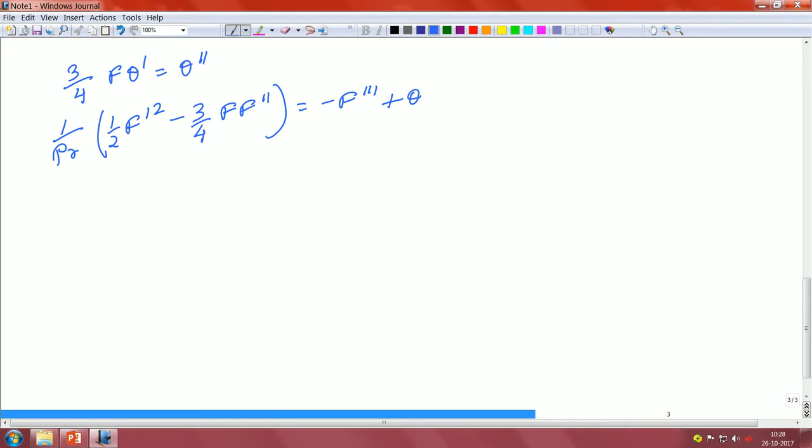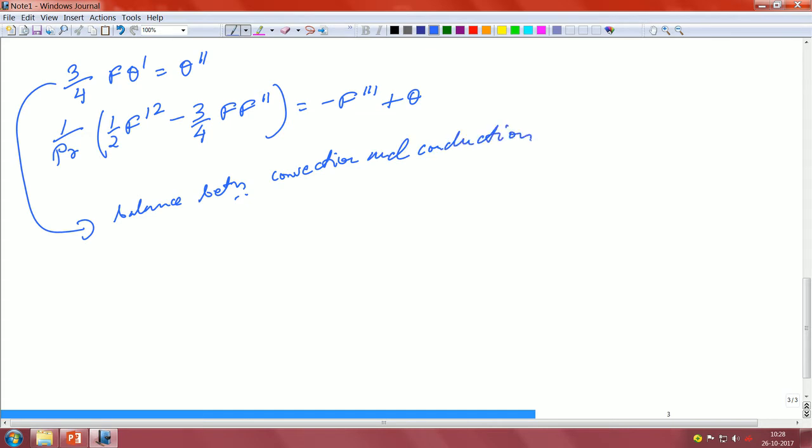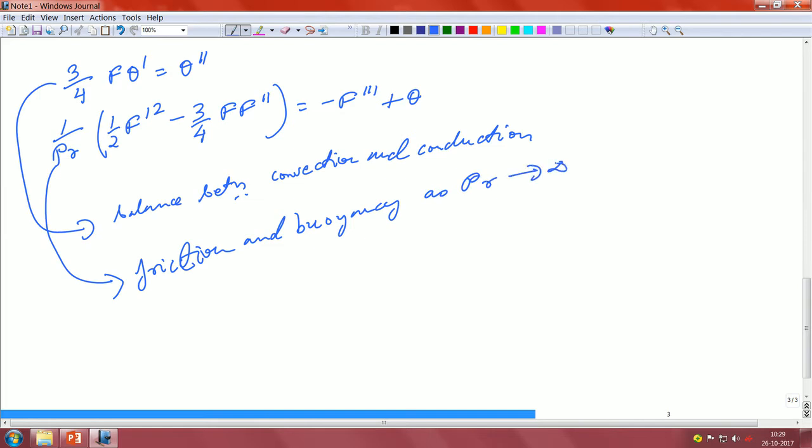Okay. So, this equation, which in Bejan's book is 4.61, is a balance between convection and conduction, which is obvious, right, that is what it is supposed to be, where the momentum equation, this is the momentum equation, is a balance between friction and buoyancy as Prandtl number goes to infinity, right.